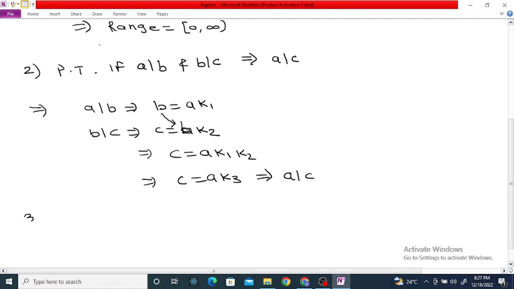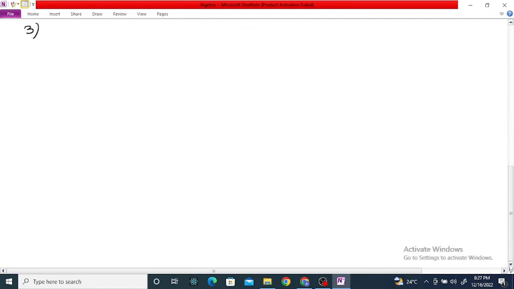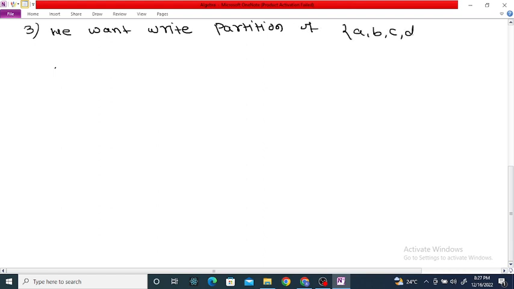Example number 3. Okay, so we want to write any partition of the set {a, b, c, d}.